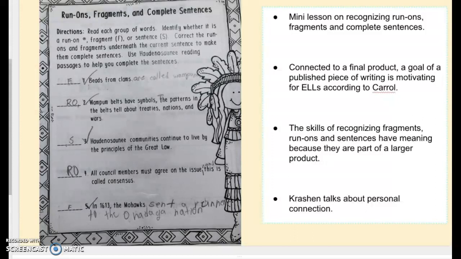Again, this is relevant to what they're studying, and this is exactly what Krashen and Carol both talk about when they talk about making that connection. It's motivating for them to want to publish this piece of writing. So those fragments, run-ons, sentences are being taught in a meaningful way, and they're really making a connection with this explicit instruction.